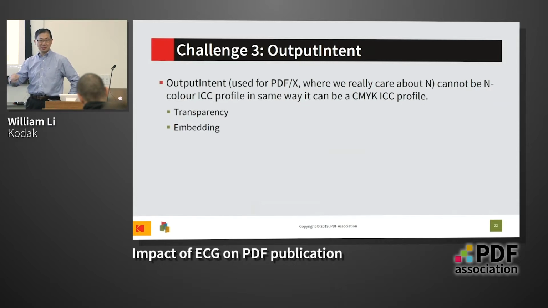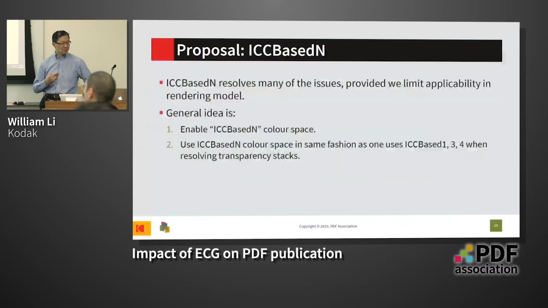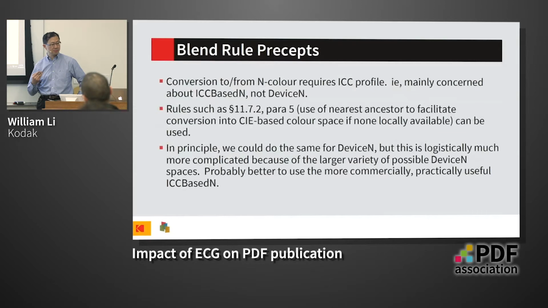But as you can tell by my leading discussion here, it seems to come back to ICC-based N. And that's really the meat of the proposal that I'm going to flash quite quickly through here. You can read through this in the slides later on. Having the ICC-based N gives you a way to do conversion to and from N color so that you can have an appropriate blend color space.